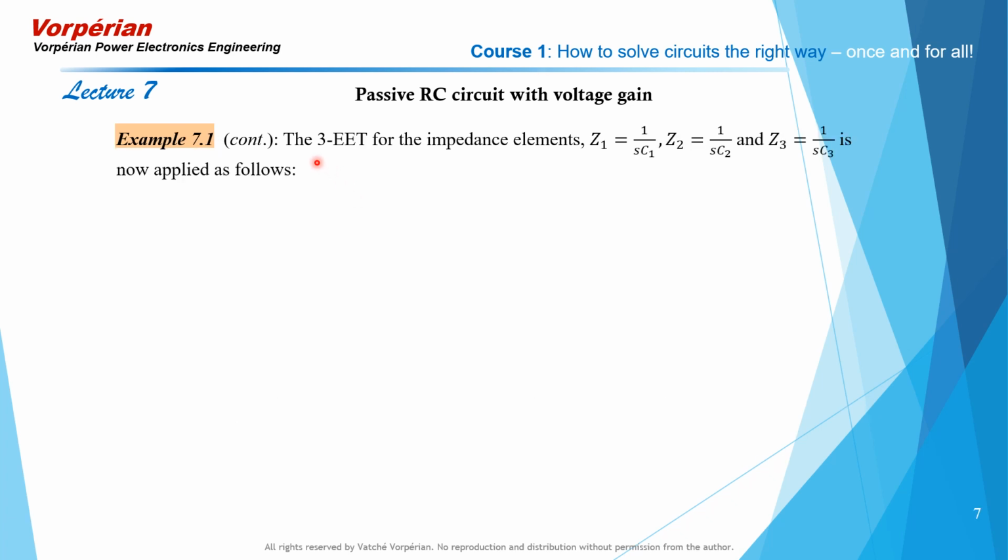We now invoke the 3 extra element theorem for the impedance elements Z1, Z2, and Z3 in the same manner as the 2 extra element theorem. That is to say, we write the transfer function A_V(s) equal to the reference transfer function, or the reference gain, followed by a normalized numerator and a normalized denominator, in each of which the elements Z1, Z2, and Z3 are reinstated first one at a time, then a pair at a time, and then finally once with all 3 taken together.